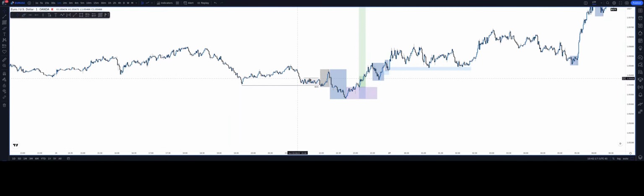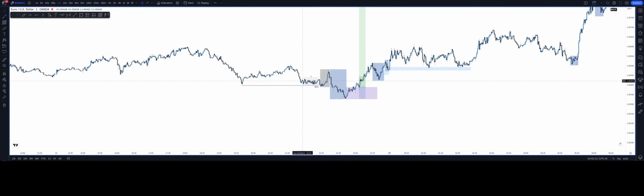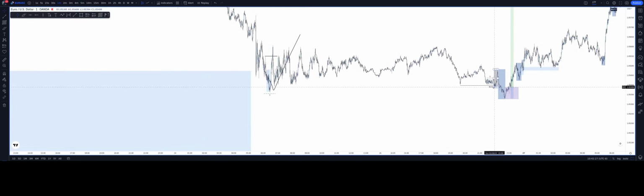Suffice it to say, range initiation, break of structure, liquidity stacks, right? They come up, they create a sell primary that initiates, breaks on itself, and is about to break major structure, right?